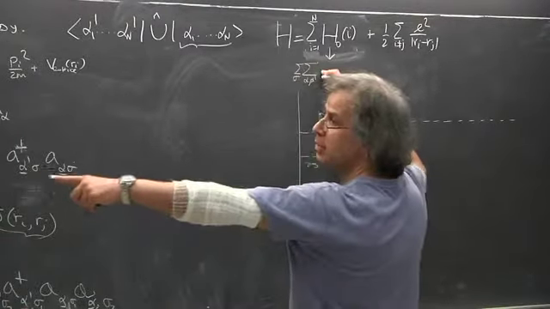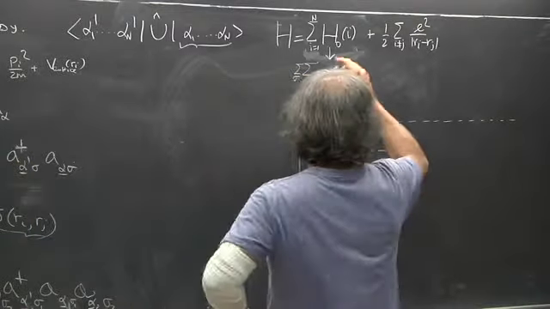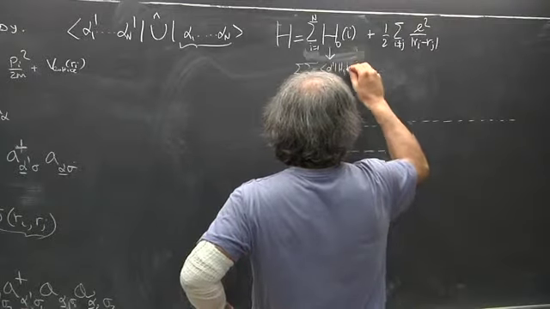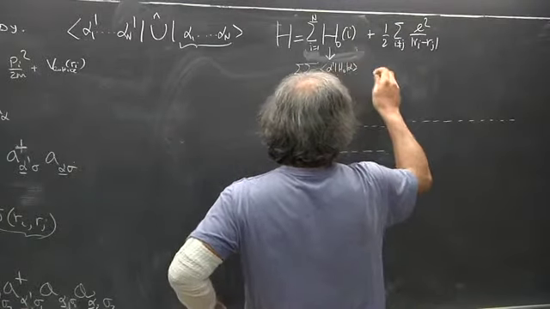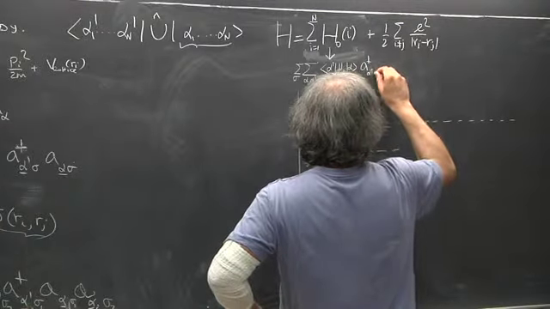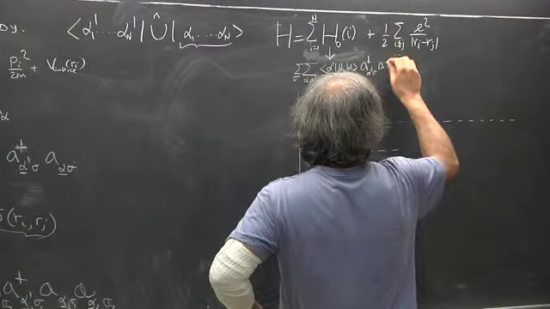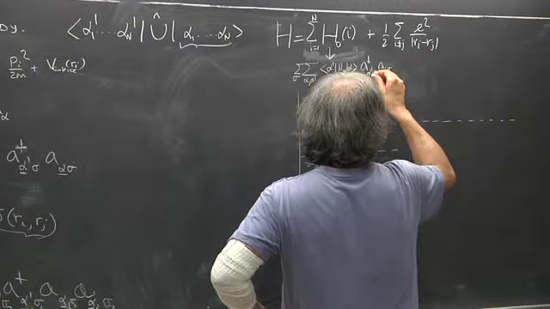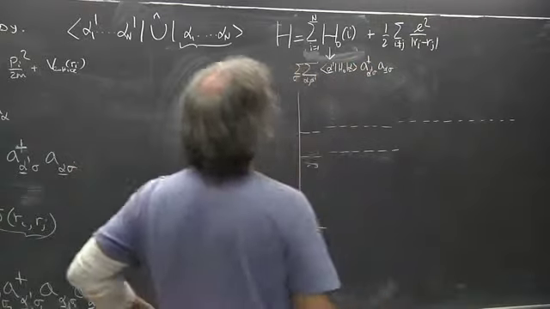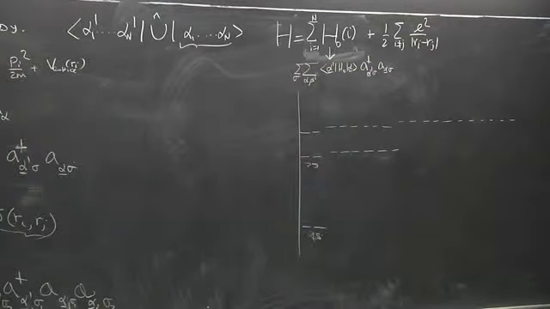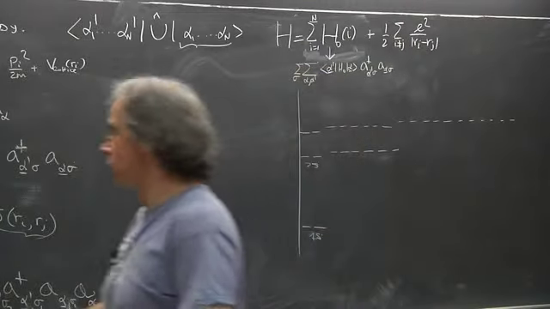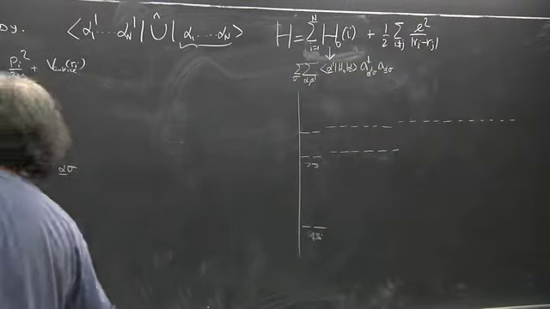And in the spirit of what I've written here, I would have the matrix element of H0 in between alpha and alpha prime. And then I would have A dagger alpha prime sigma A alpha sigma, okay? Alpha and alpha prime are just orbital part of quantum number, okay? On the contrary, this would have exactly this look, okay? I do not rewrite it again.